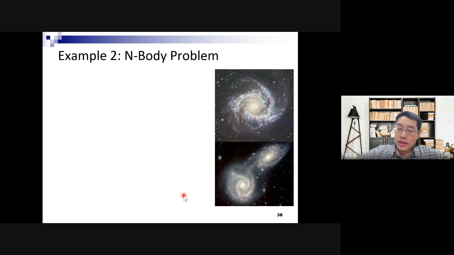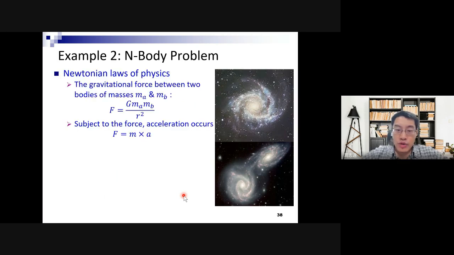All right. And the second example we're going to introduce today is n-body. As we mentioned, this is a very well-known scientific application for simulating the movement of the planets.